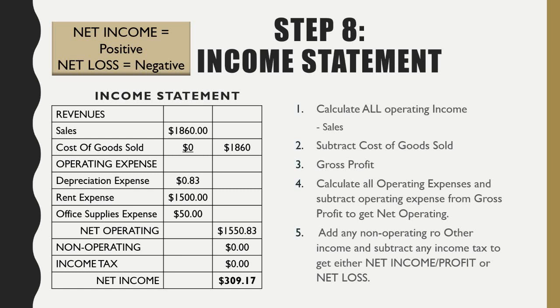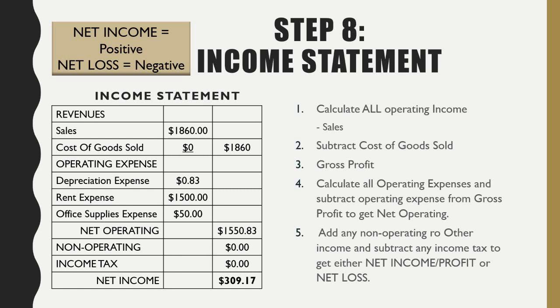Once you get your gross profit, you're going to subtract every single operating expense that it took you to incur to run your business. All right? Then the last section here is to enter any other income, okay, because that's not part of your operating, it's separate. And then you're going to determine from there whether you have a profit or loss.